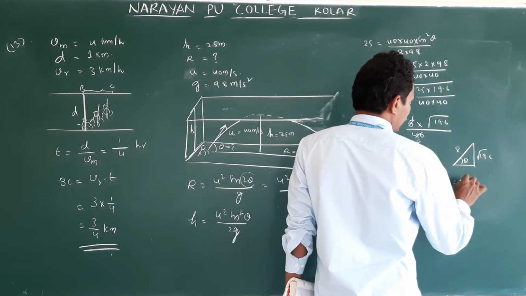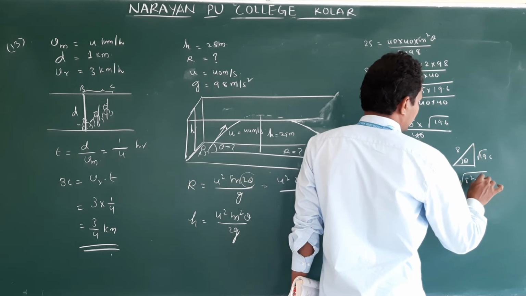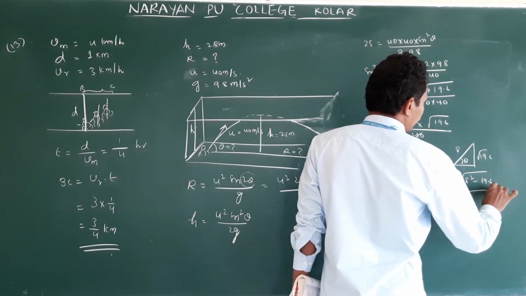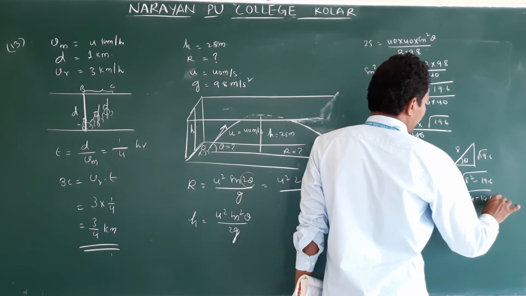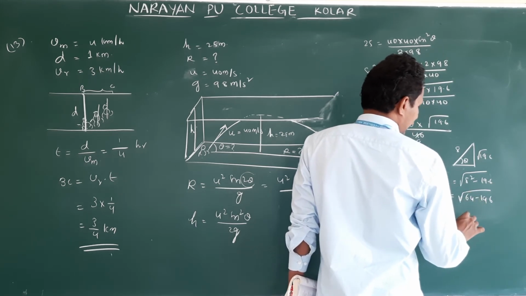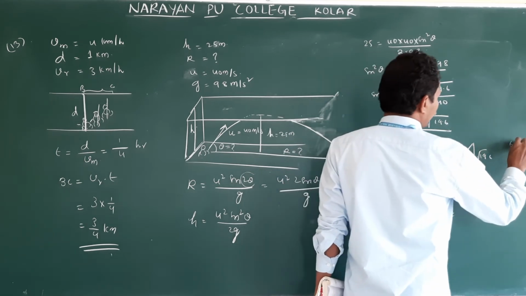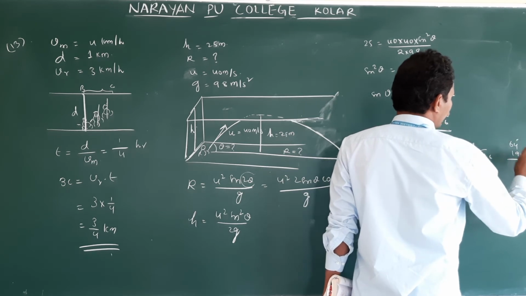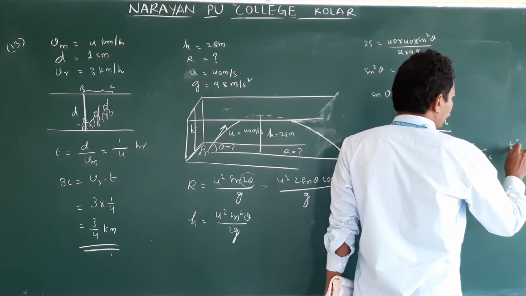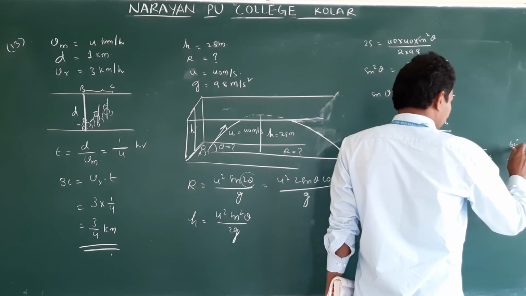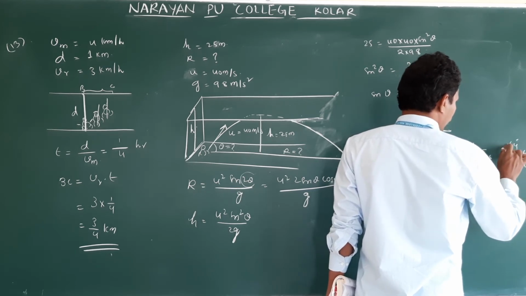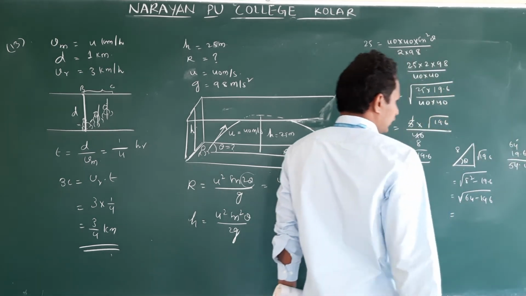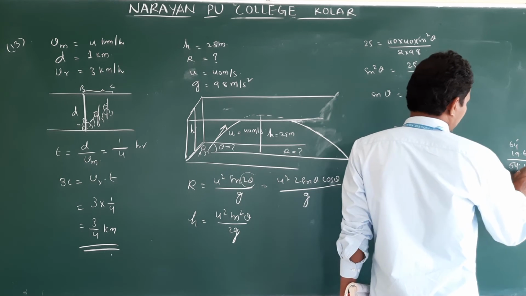It is under root of 8 square minus 19.6, and this is under root of 64 minus 19.6. Do this: 64 minus 19.6. Here it is 4, 14 by 4, 13. 13 means here it is 4, here it is 5. Correct or not? Check.